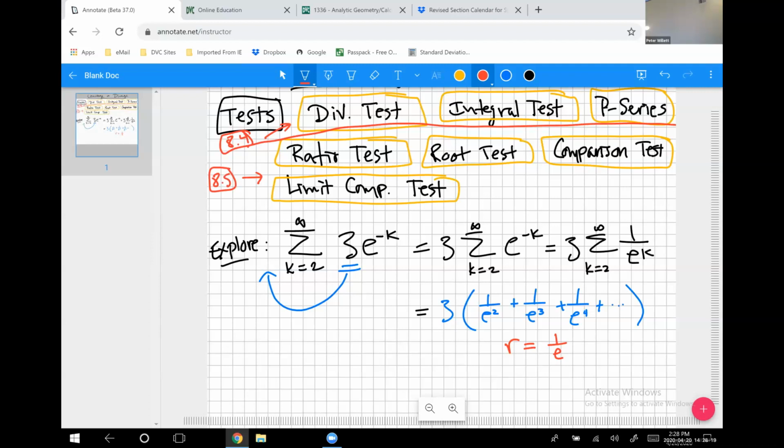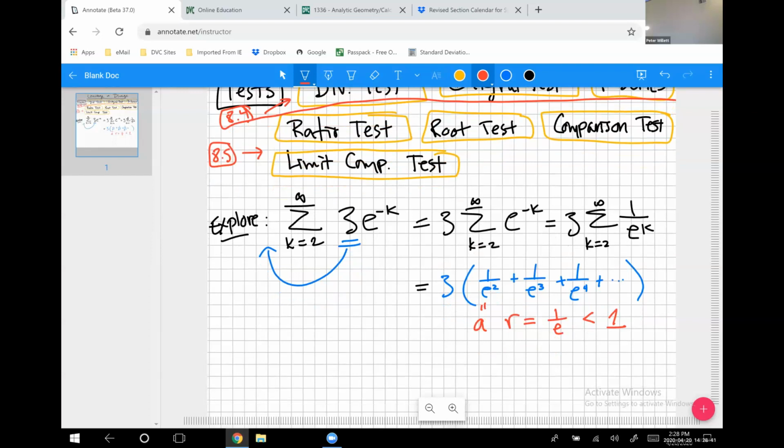Our first term, if I'm not counting the 3, is 1 over E squared. And so the sum of the series can be used by using, we could actually determine not only that this converges because this R value is less than 1, so that tells us that it converges, but not only that, we could evaluate this series and determine the value itself, because we have a formula for the geometric series.